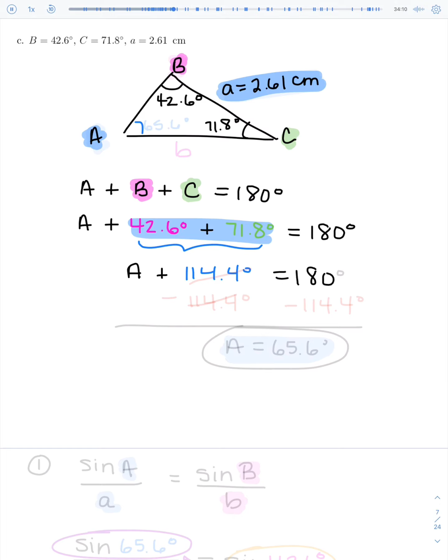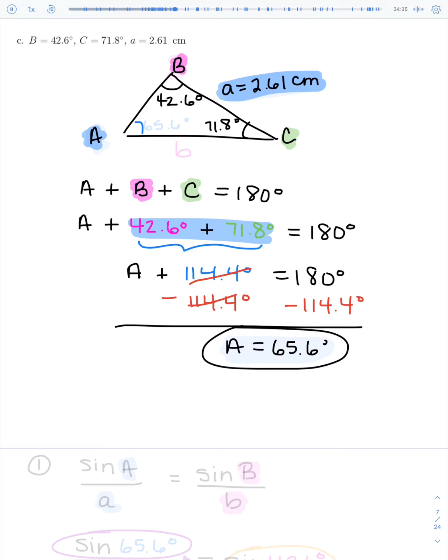So to solve this like a normal equation, what we'll do is subtract the 114.4 degrees from both sides. And what that will leave us with is that angle A is equal to whatever 180 minus this 114.4 degrees is, which is 65.6 degrees.